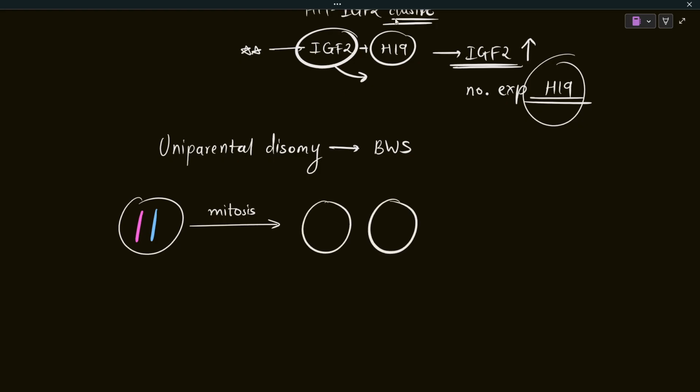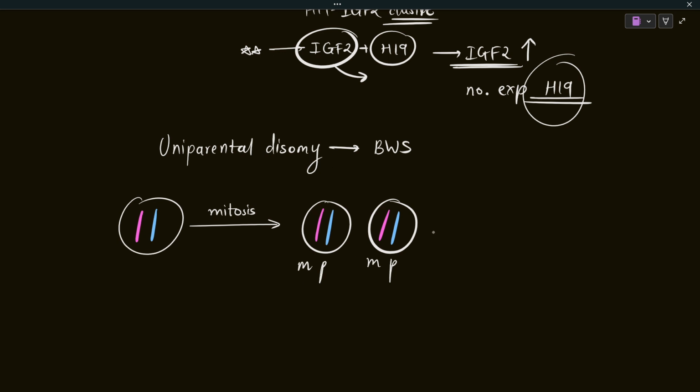The daughter cells should have a composition like this: both of them should have a maternal copy of the genome and a paternal copy of the genome, so both should have maternal chromosomes and paternally inherited chromosomes.